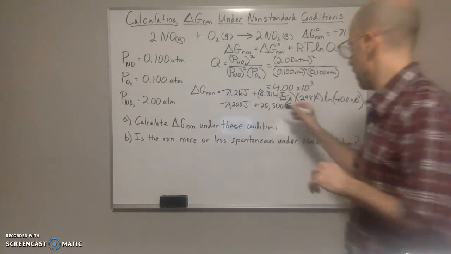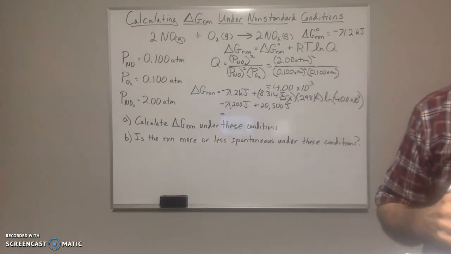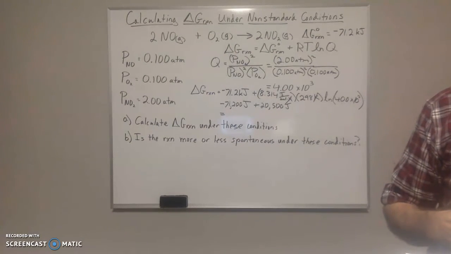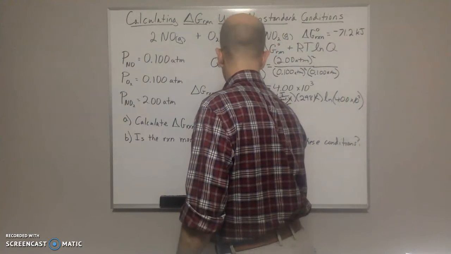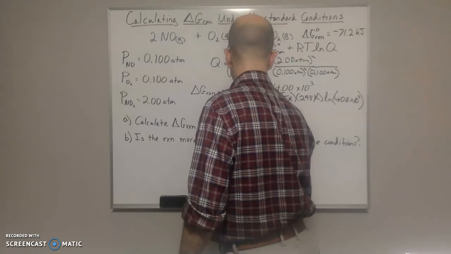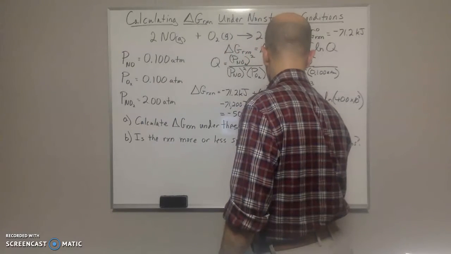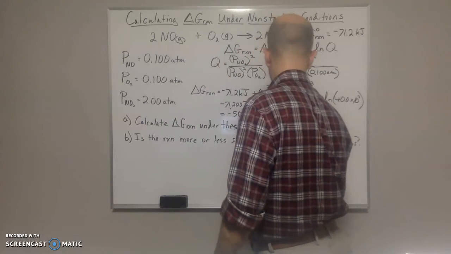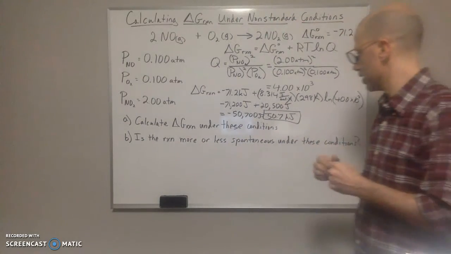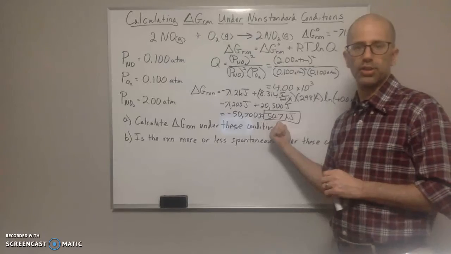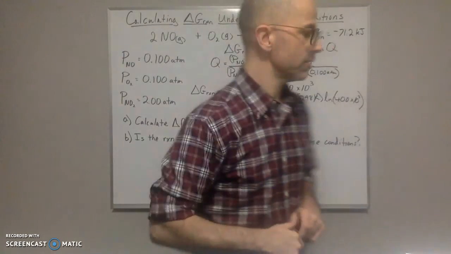When we add these together, we get negative 50.7, negative 50,700 joules, or negative 50.7 kilojoules. So that is the delta G of the reaction under these non-standard conditions.